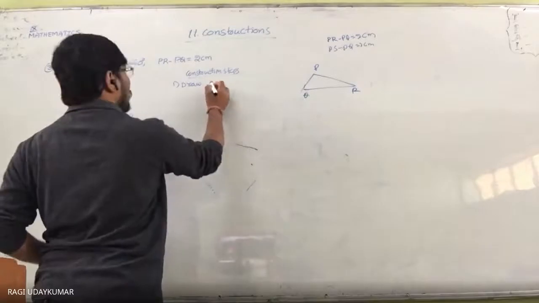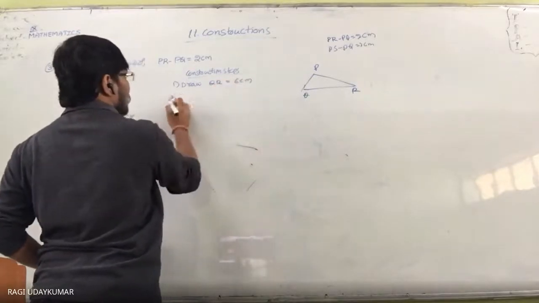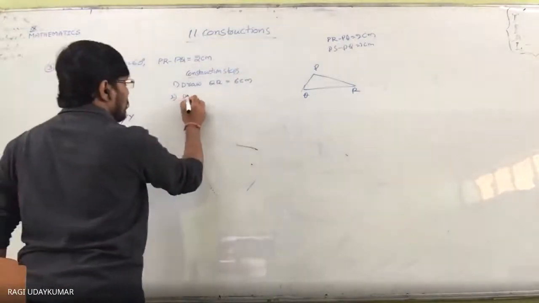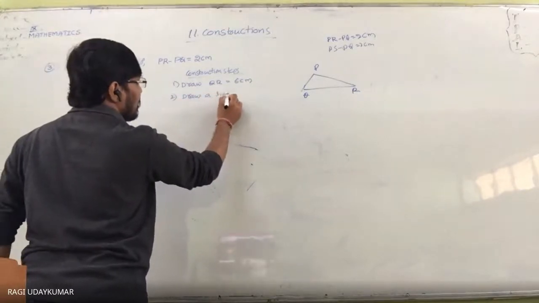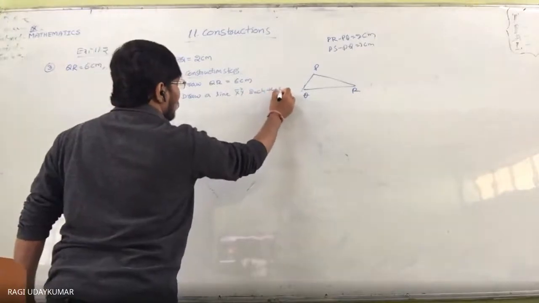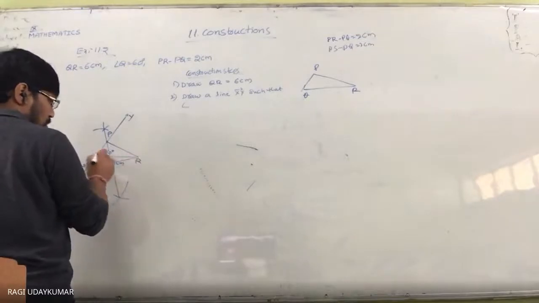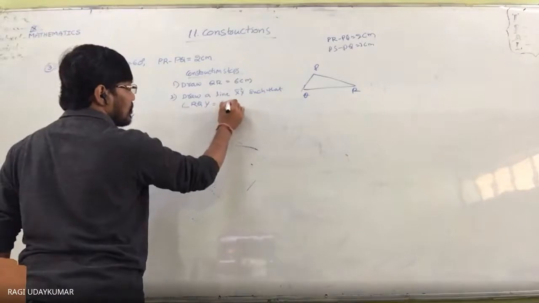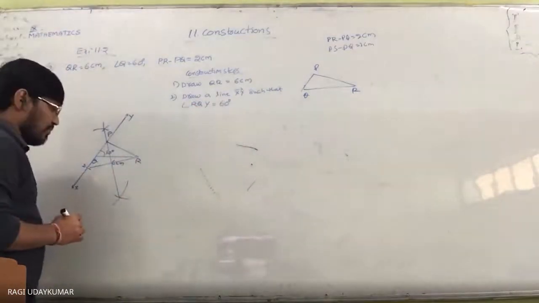Draw QR is equal to 6 centimeters. And draw a ray or a line XY such that angle RQY is equal to 60 degrees. See, RQY is equal to 60 degrees.